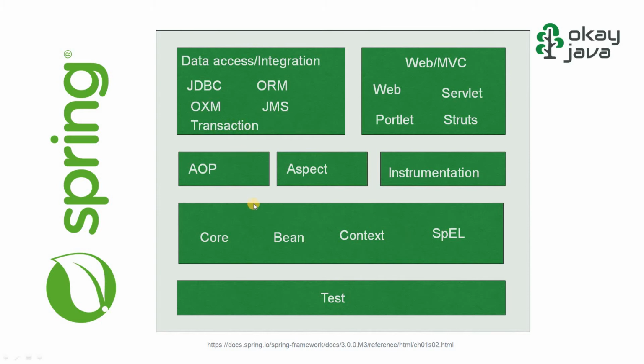The core layer provides core, bean, context and Spring expression language. The testing module provides integration with the testing framework. AOP, aspect and instrumentation are the additional features. Alright, now let's talk about each one in more detail.